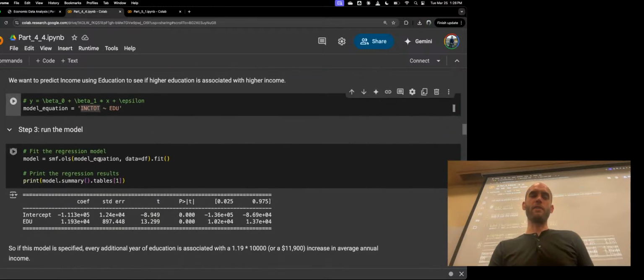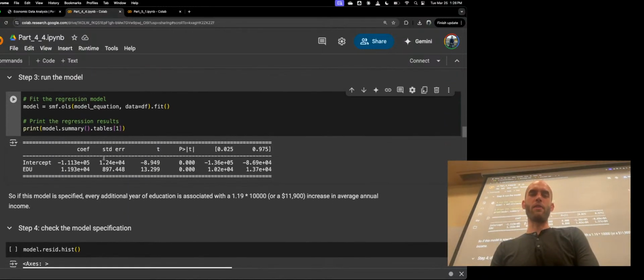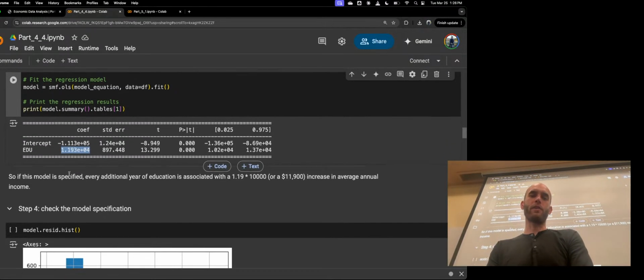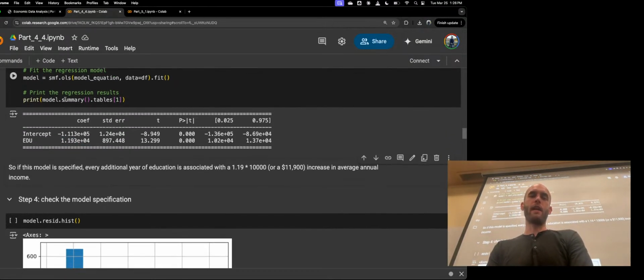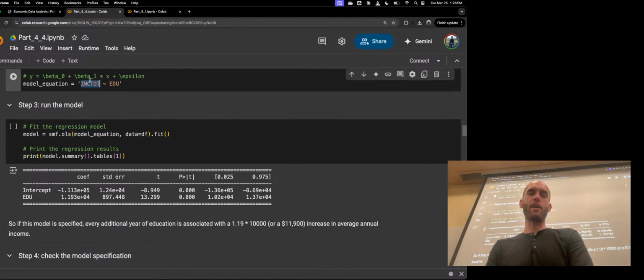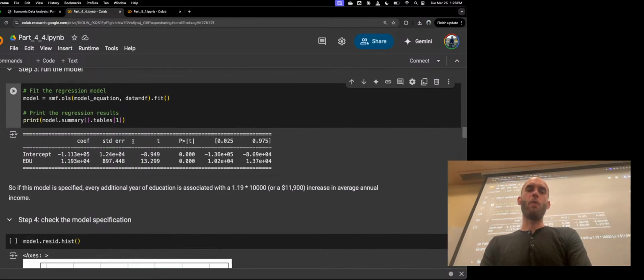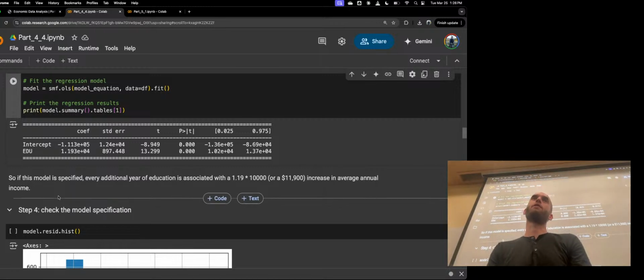We walked through these models, and we built regression models trying to answer the question, is education associated with higher incomes? And if there's an association there, what's the strength of that association? And so what we did is we built a model trying to predict income using education.